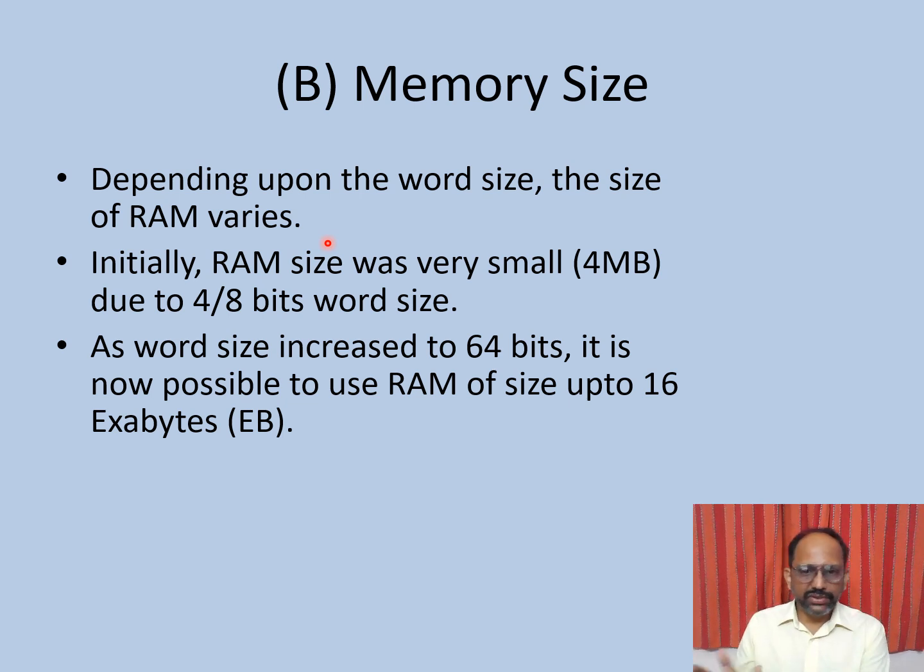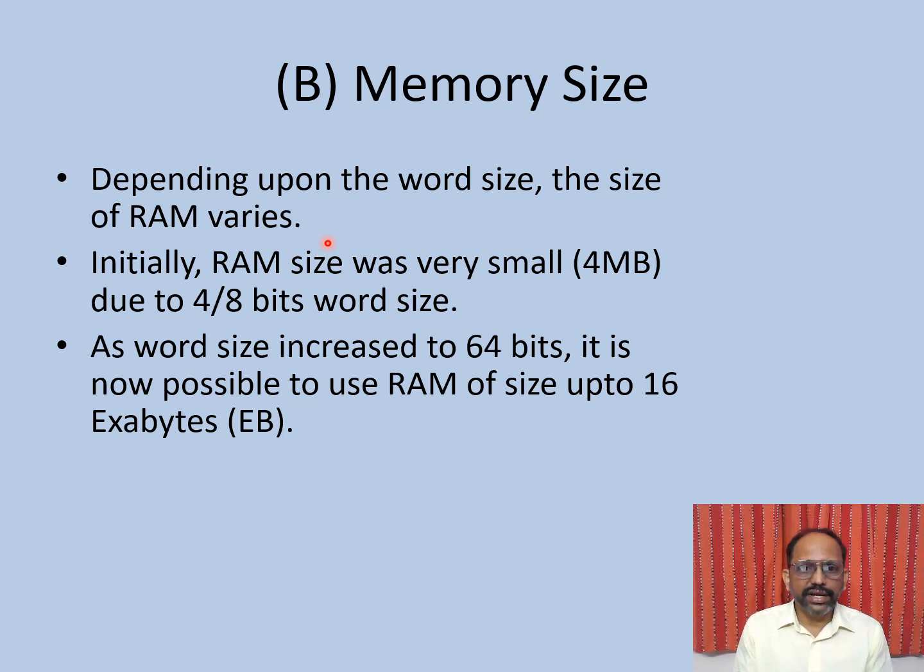The data will be stored in different locations, and those addresses should be carried from the microprocessor to the CPU or to the primary memory. What is the length of that memory address? It depends on the word size. Therefore, word size and the memory size are matched.